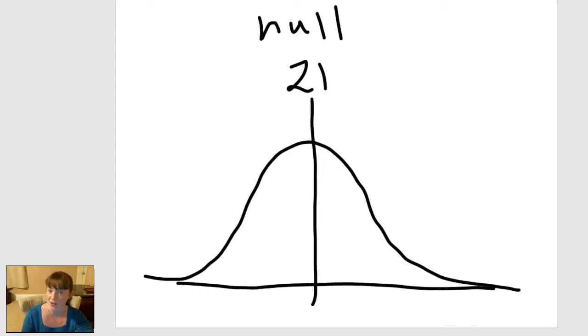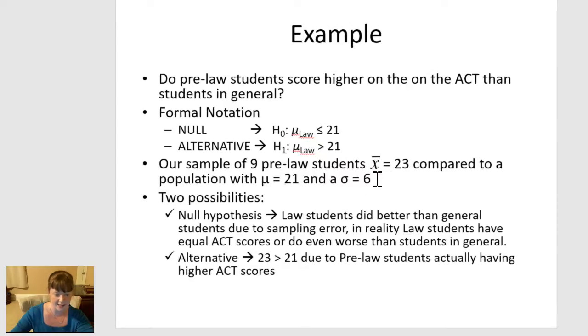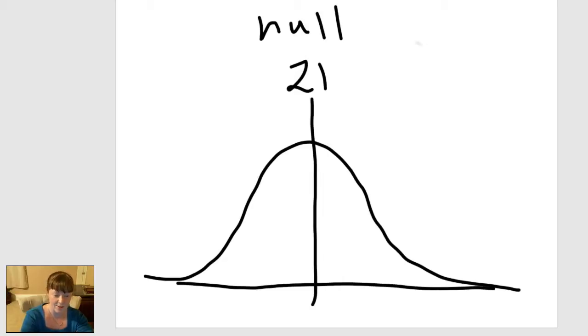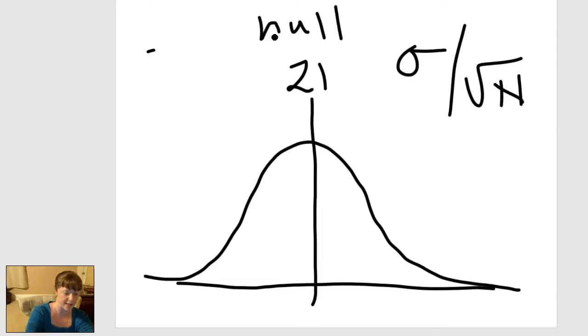But now I have to calculate standard error. Well, here it says that the standard deviation in the population, the null hypothesis comparison population, is 6. And so to calculate standard error, it's sigma over the square root of n. So sigma is 6.